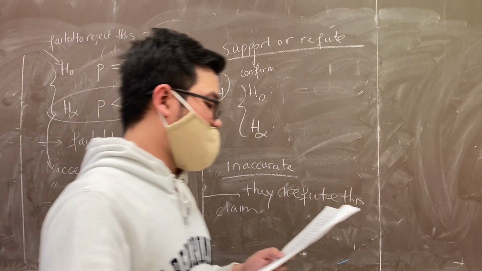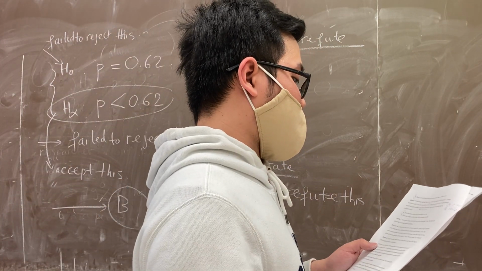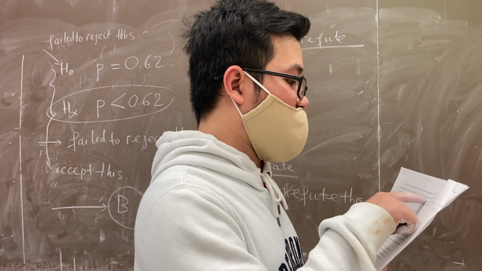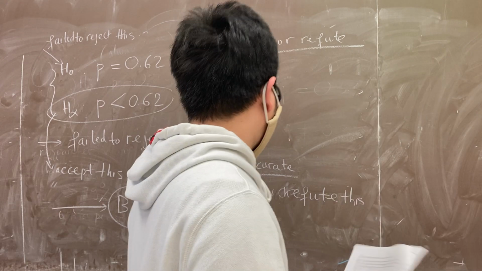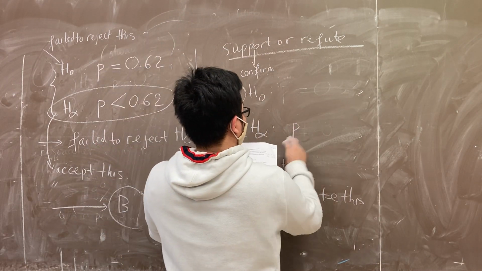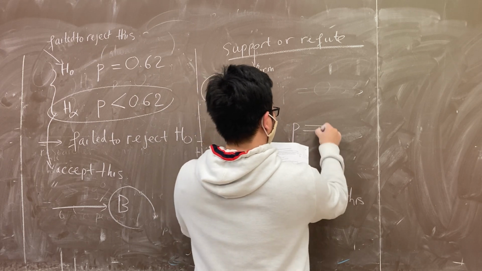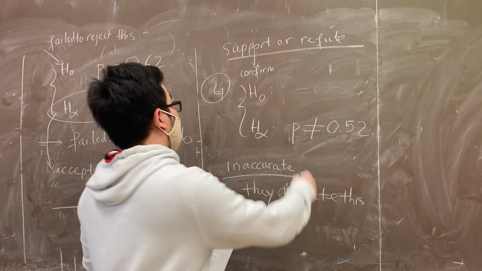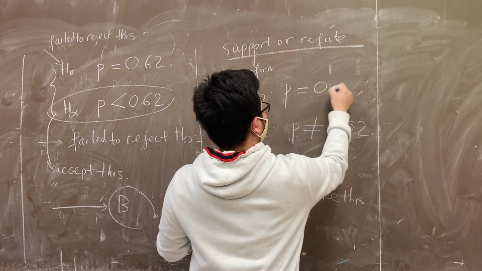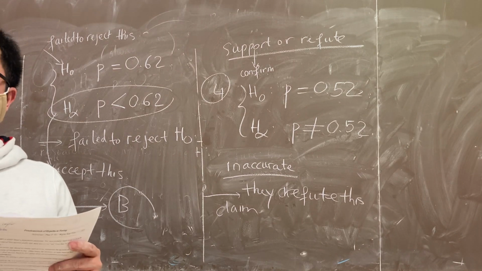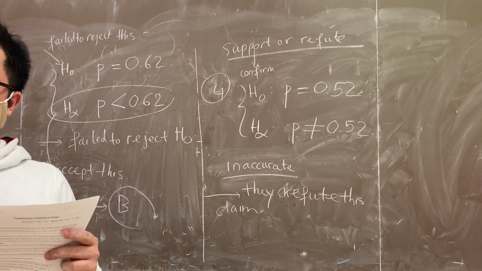The claim here is 52% of their readers, and here they refuse this. That means the proportion is different from this number, right? And of course, the null hypothesis is 0.52. Any questions so far about this?